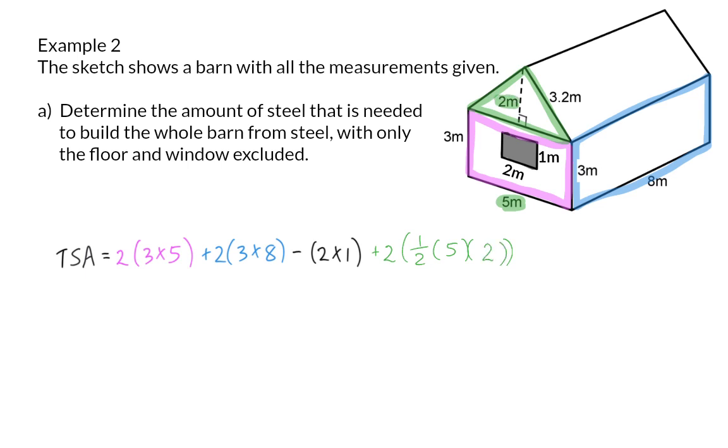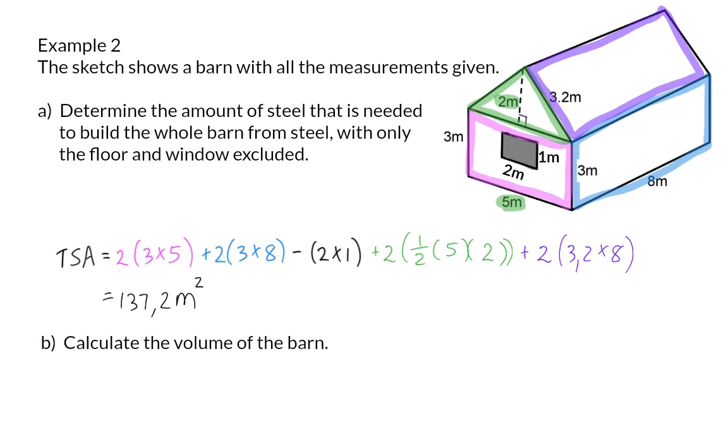And finally, we have 2 rectangles that form the last part of our roof. And these 2 rectangles, front and back, are identical. So we'll add 2 rectangles of 3,2 by 8 meters. So the total amount of steel needed to build this barn is 137,2 square meters.